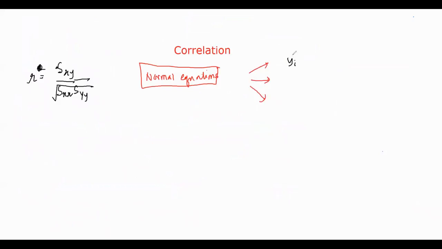First one is yi hat is equal to beta naught hat plus beta 1 hat into xi. We have also got y bar equal to beta naught hat plus beta 1 hat into x bar, and we have got that beta 1 hat is equal to sxy by sxx. Okay, so now let's see what we can explore from here.